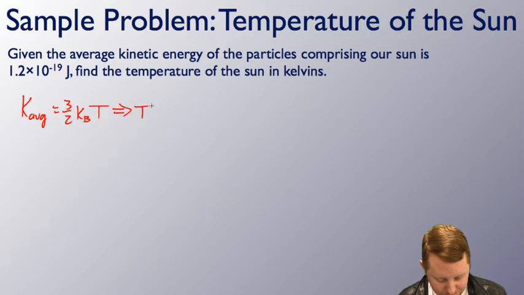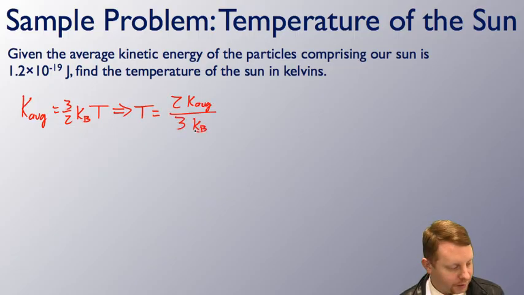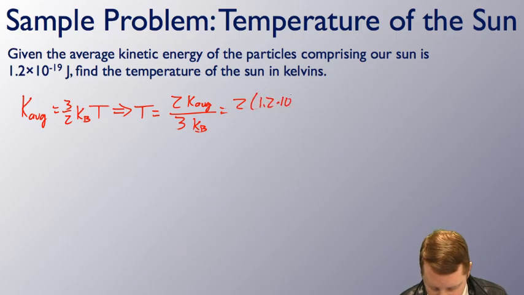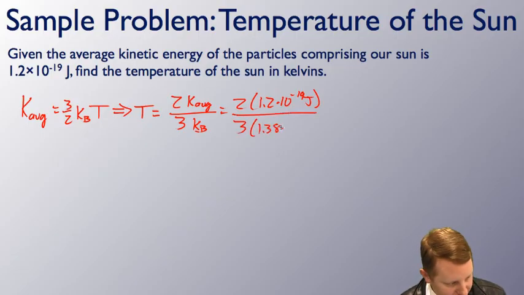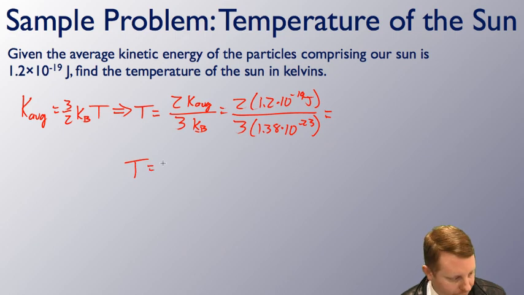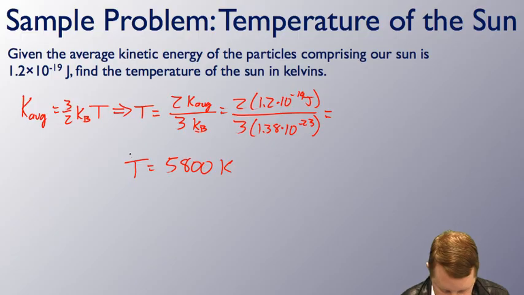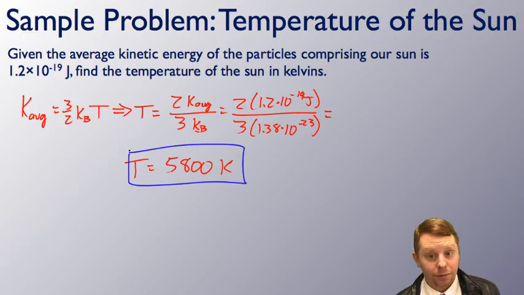And if we want temperature, we'll rearrange that to say it's 2 times the average kinetic energy divided by 3 times Boltzmann's constant, which will be 2 times 1.2 times 10 to the minus 19 joules divided by 3 times 1.38 times 10 to the minus 23rd, which gives us a temperature of about 5,800 Kelvin. Pretty hot.